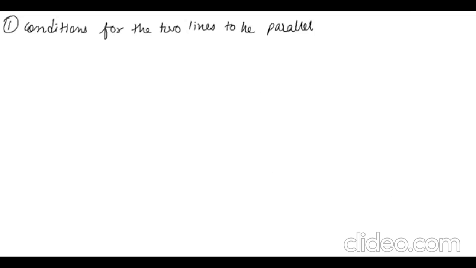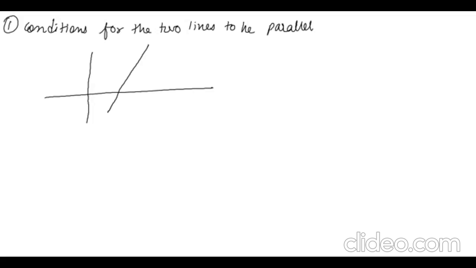See what will be the condition on the slopes if the two lines are parallel, and what will be the condition for the slopes if your two lines are perpendicular. We will try to find the solution for that.